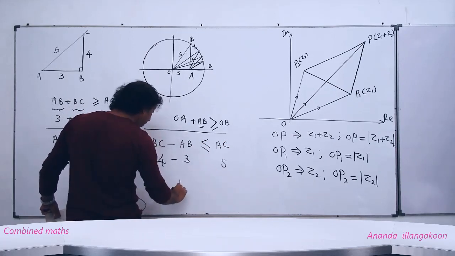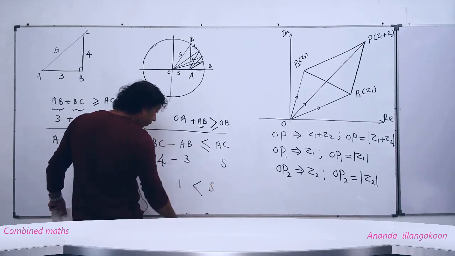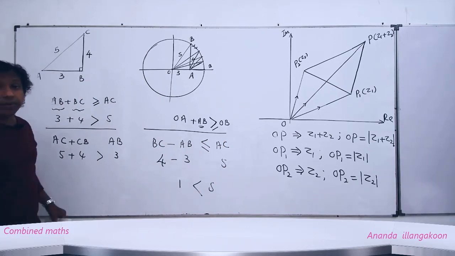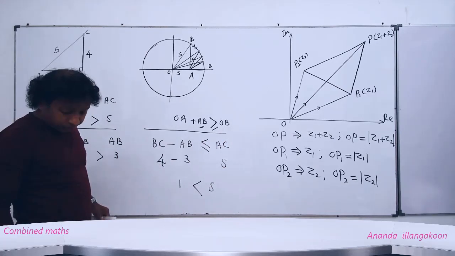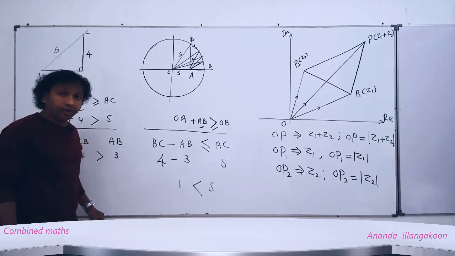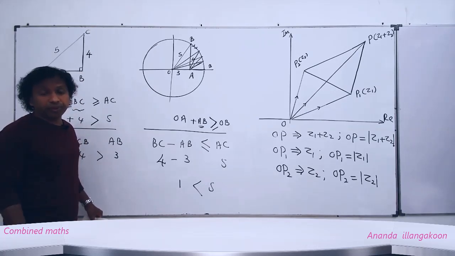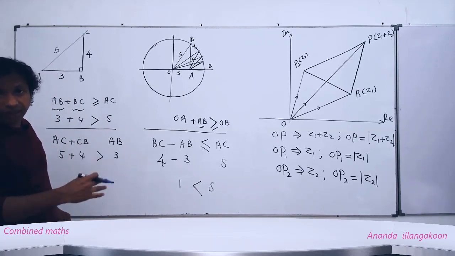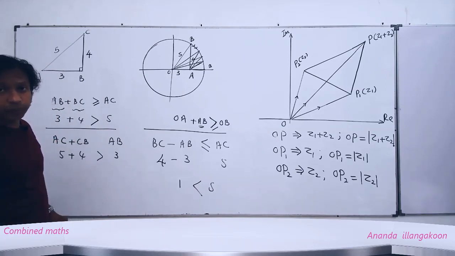Then here we get 1, here 5. Greater than sign becomes valid. That is the second one we have to use. What is that? Difference of any two sides of a triangle is smaller than or equal to the third side. Again, this equal sign, people, becomes valid when the triangle is a straight line, when its area becomes 0.